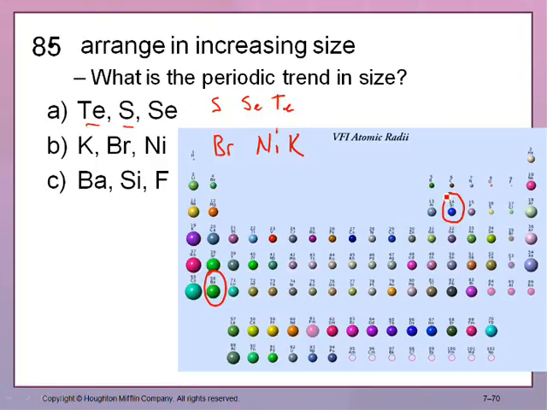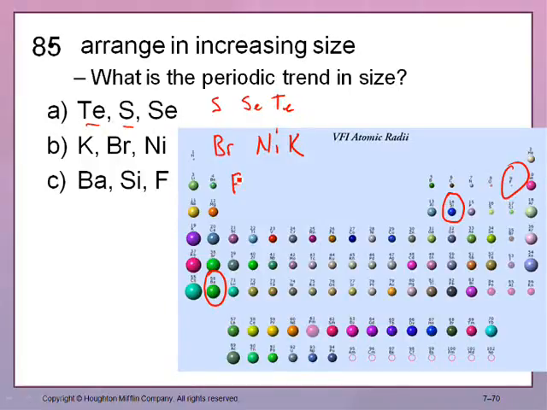And fluorine is right up here. So we're looking at a series of elements that are in very different periods. As you go to larger and larger periods, you're going to get larger and larger shells. So fluorine is going to be the smallest because it's in the 2nd period.